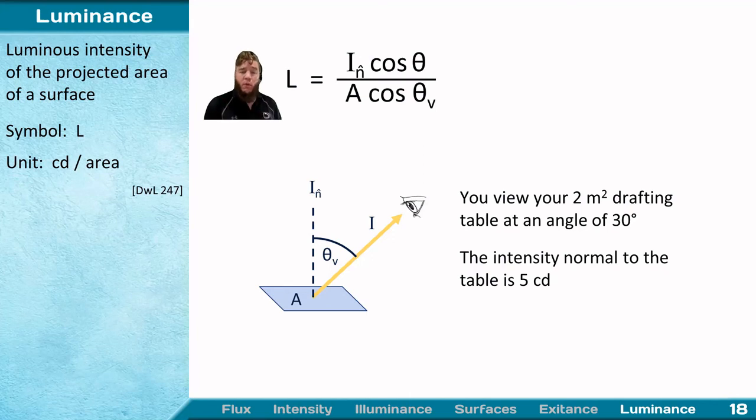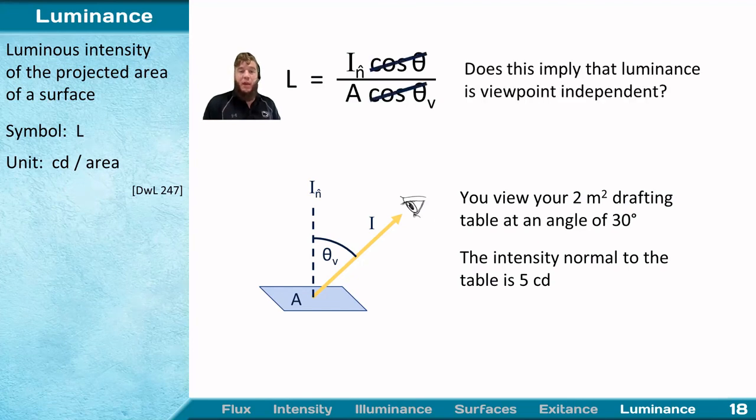Now, here's an important question. Are these thetas the same angle? In fact, they are, right? So the angle of the viewpoint and the angle between the normal vector and the vector of interest is theta sub v, which means those cosine terms cancel out.